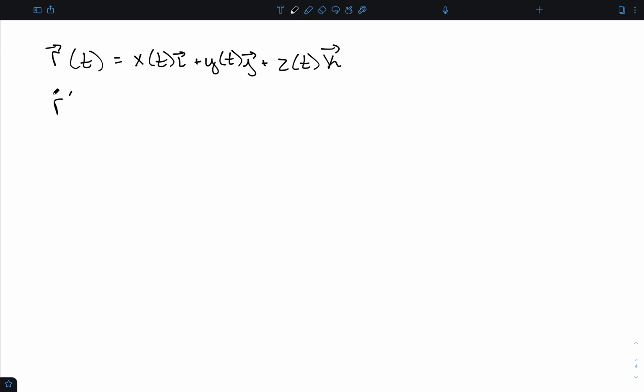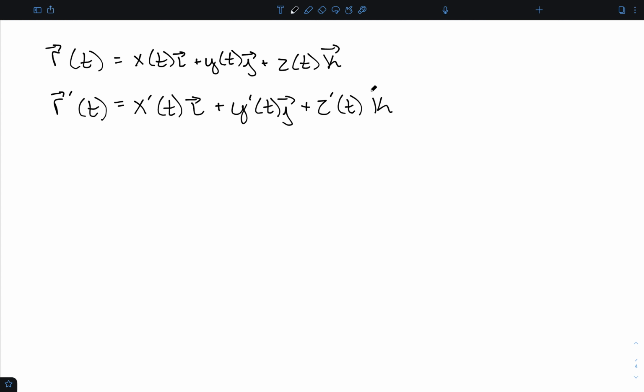The derivative, r prime, of this works exactly the way we want it to. I can take the derivative of individual pieces. So I have x prime times i, y prime times j, and z prime times k, provided that x, y, and z are differentiable at the point t.